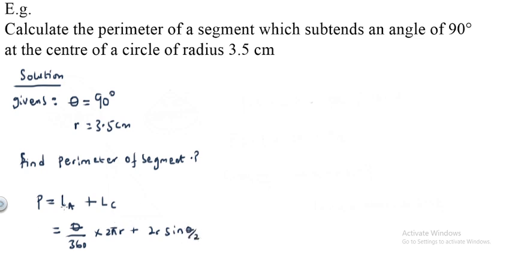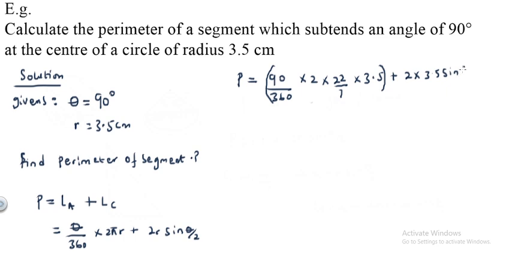So if I plug in my r values and the rest, I will have my perimeter equal to: theta is 90, over 360, times 2 times pi, which is 22 over 7, times r, which is 3.5, plus, be careful how you evaluate this to avoid making mistakes, plus 2 times r, which is 3.5, sine of 90 divided by 2.